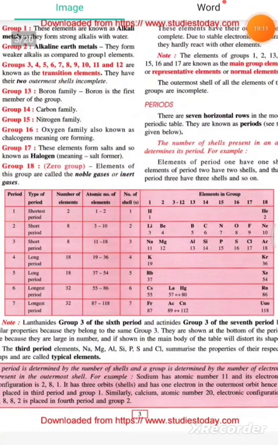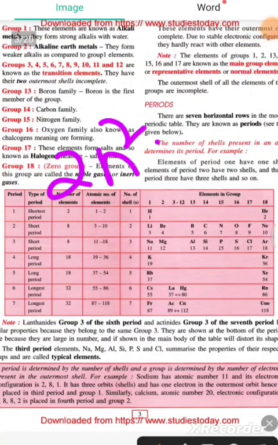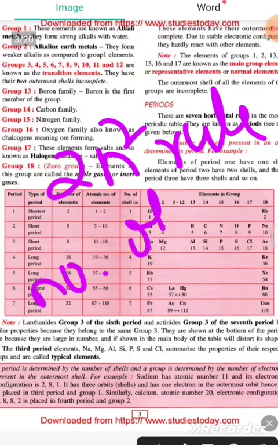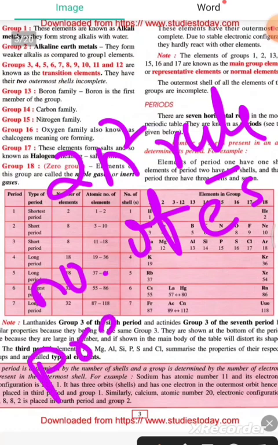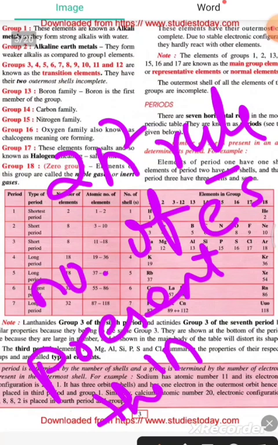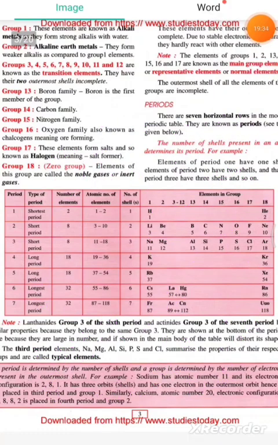Sorry, actually by this 2n square rule we can find the number of electrons present in the shell. Now the thing is, how can you find the number of elements present in the period?